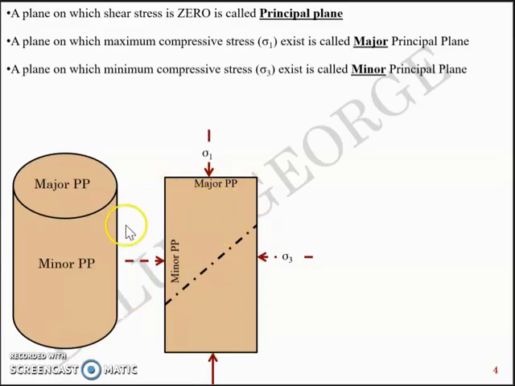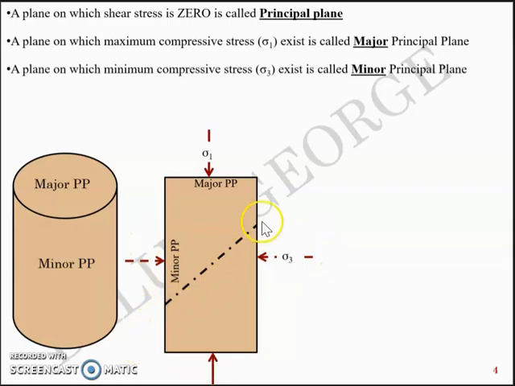I have the same cylinder in elevation here, and I have the major principal plane here on which sigma 1, the major principal stress, is acting, and I have the minor principal plane, this plane, on which sigma 3, the minor principal stress, is getting applied. So I have axial compressive load and a circumferential load sigma 3.